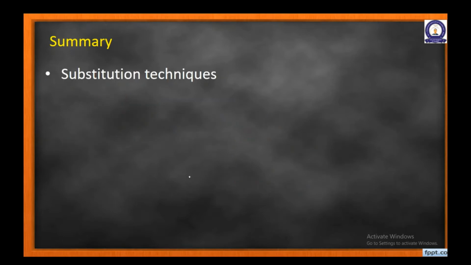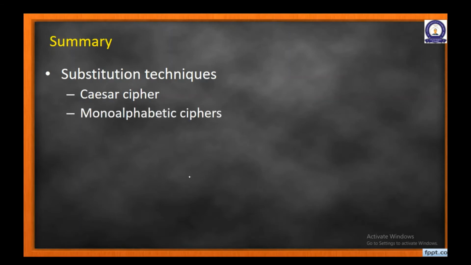Then we have the substitution technique, in which we studied the Caesar cipher, where the shift is always 3. That is, I'm shifting every alphabet ahead by 3 letters. Then you have the monoalphabetic cipher, where a keyword will be decided by me, and then the letters will be shifted.